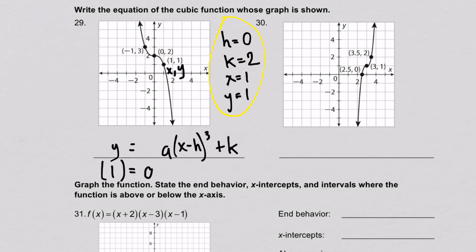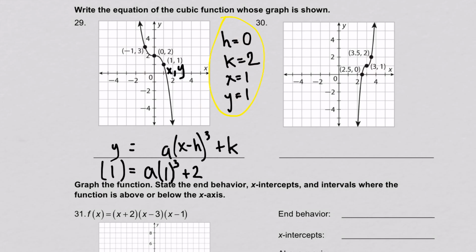For a, nothing, just a, because I don't know what it is. For h, 0, so that I don't have to write x minus 0. Oh, I forgot about x. Let's go back. For x, I am going to put in 1. For h, once again 0, so I don't have to write 1 minus 0, just 1 cubed. And for k, 2. And I'm going to solve this simple equation for a.